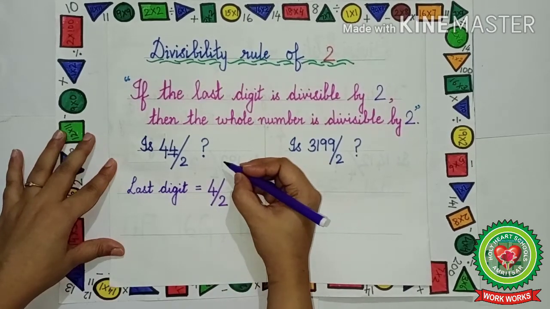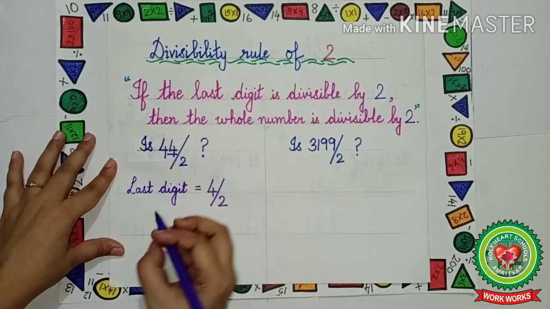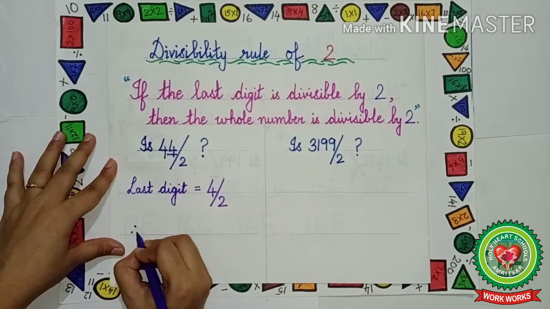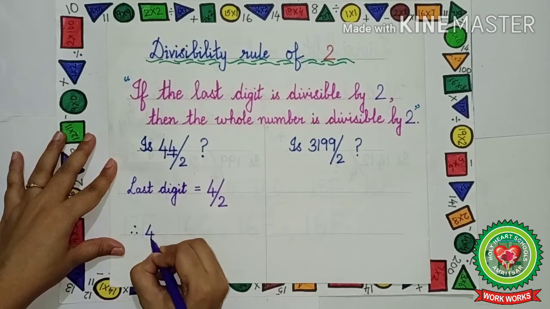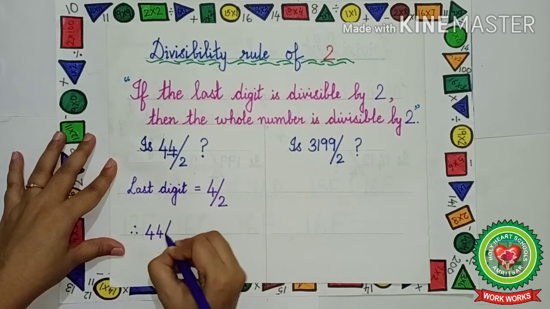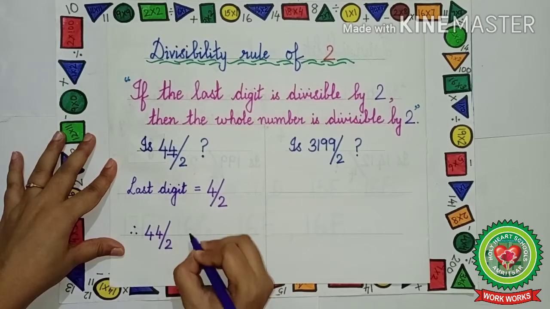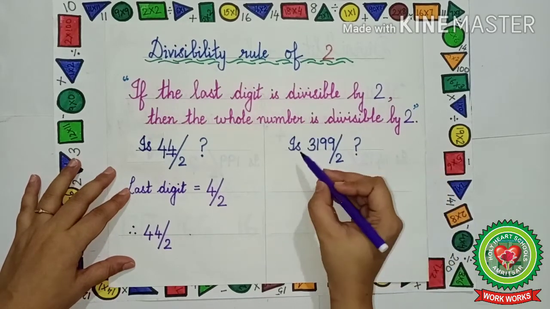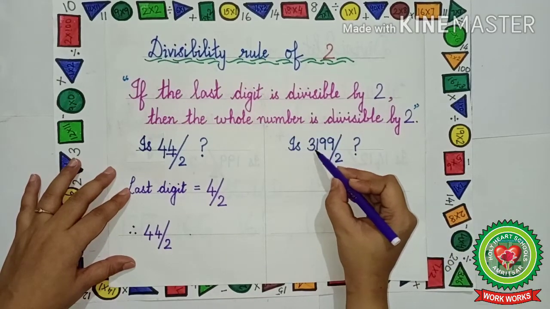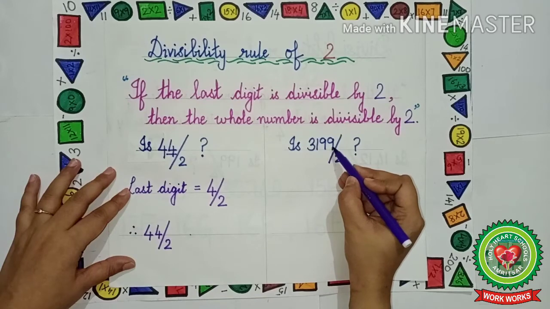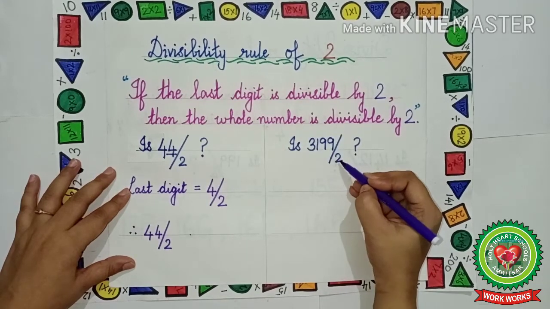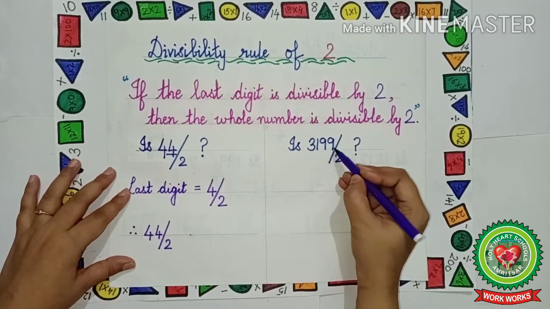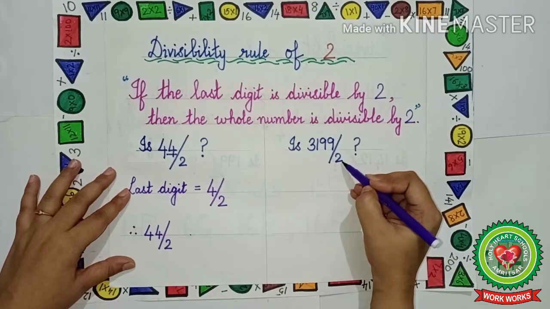So, according to the rule, that means the whole number, therefore, the whole number is divisible by 2. Now, let us look at the next one. Is 3199 divisible by 2?